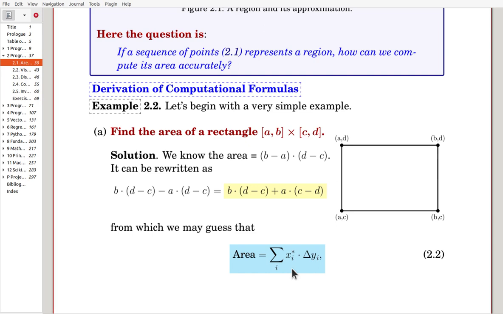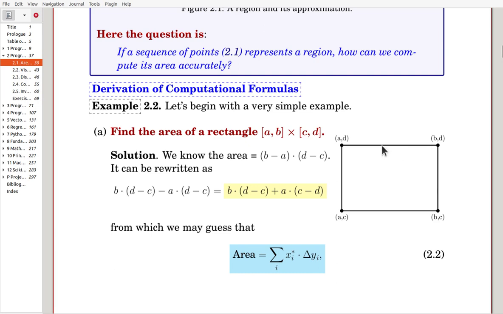So for each ith line segment, we take the center value of x and the change in y. For that one, the center value of x is as shown, and the change in y is 0, so it has no contribution. But for that one, the center value of x is always b, and the change in y is d minus c.